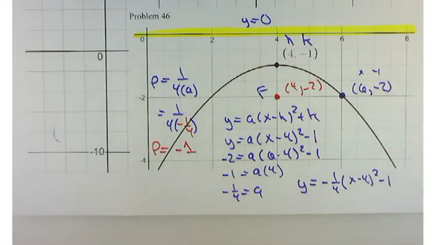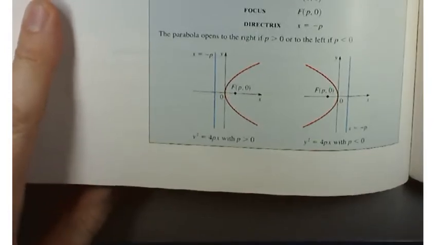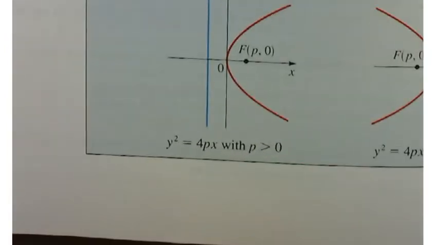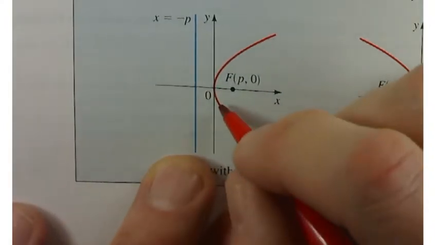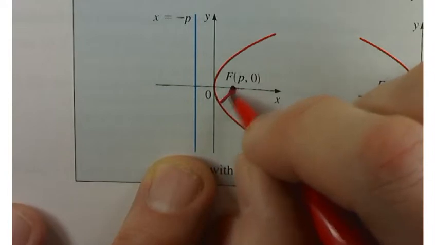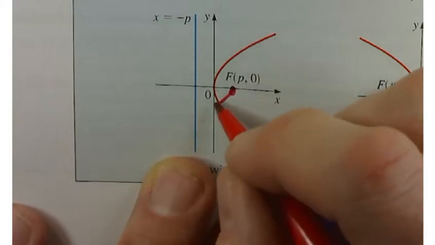Anything else on problem 46? Kind of by way of a wrap-up on that? Dwayne? So, in general, the way that a parabola is defined is that it's a set of points that at the same time are the same distance away from the focus and the directrix.